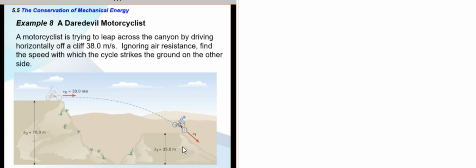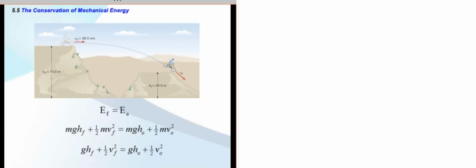We are asked to find the speed with which the cycle strikes the ground on the other side, this final velocity on the other side of the canyon. At this point, we assume that the mechanical energy is conserved.